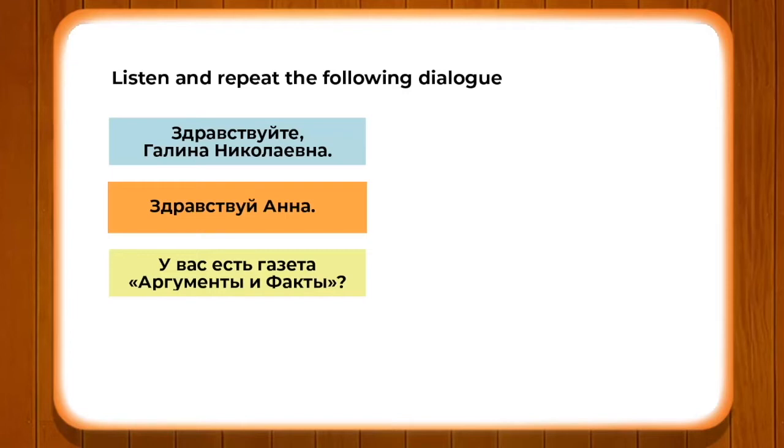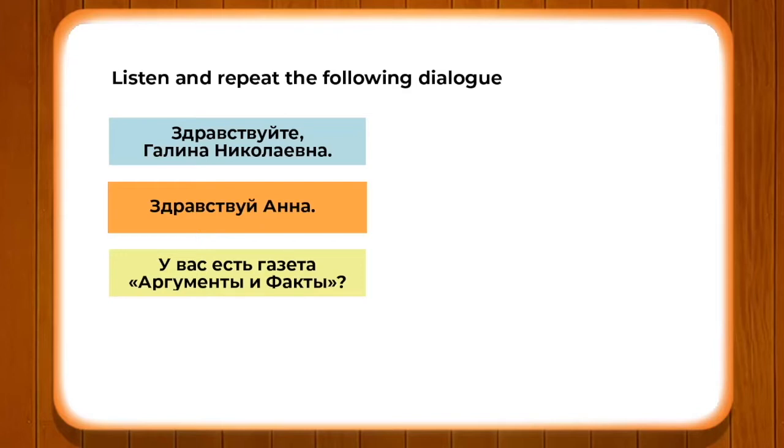So Anna is asking, У вас есть газета? Газета, we already know, means newspaper. The title of the newspaper is Аргументы и факты. And then Galina Nikolaevna answers Anna, Да, есть, yes I have. Ты хочешь ее читать?